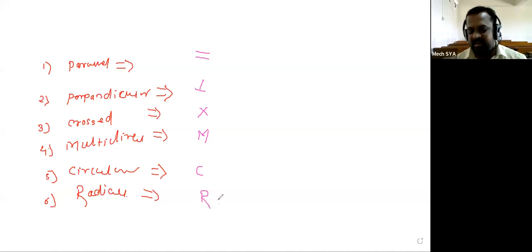Now see here, this is the surface roughness symbol.